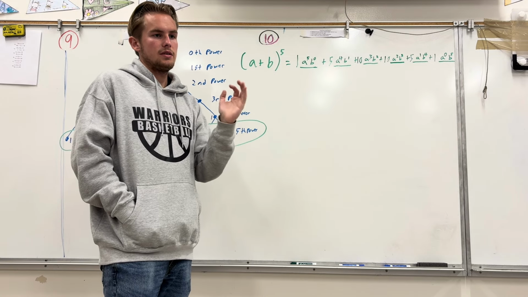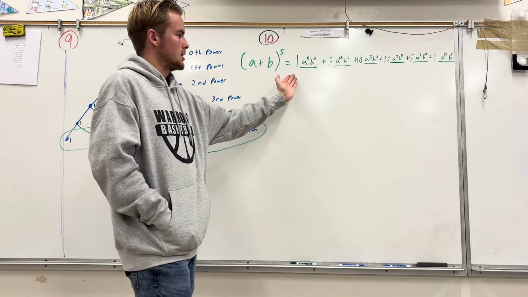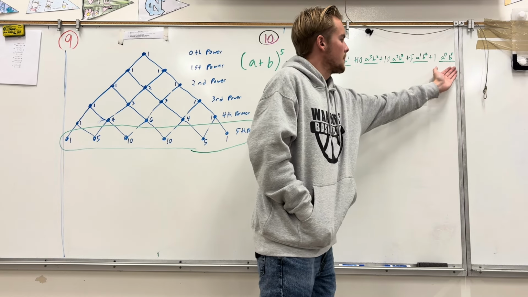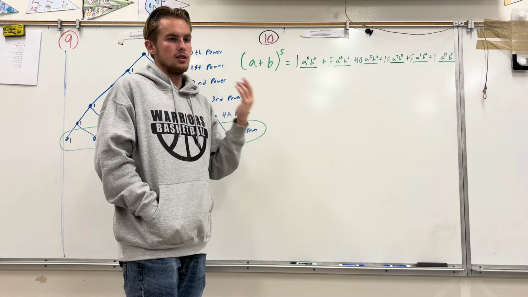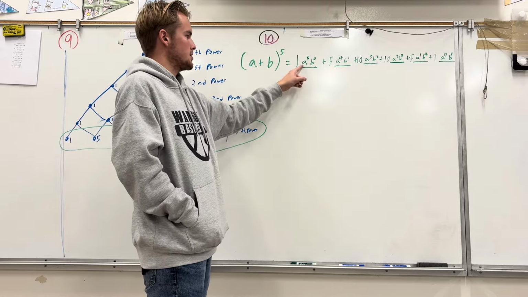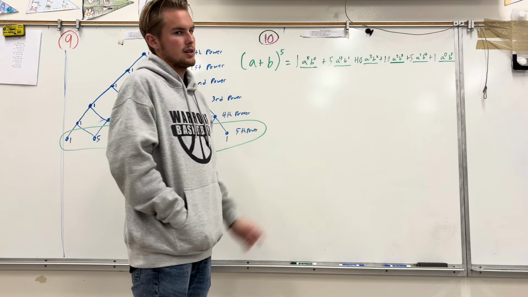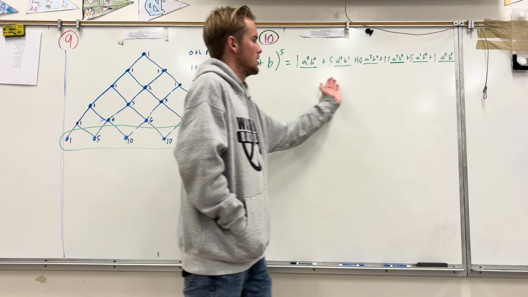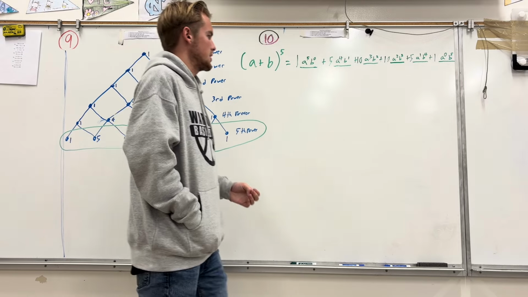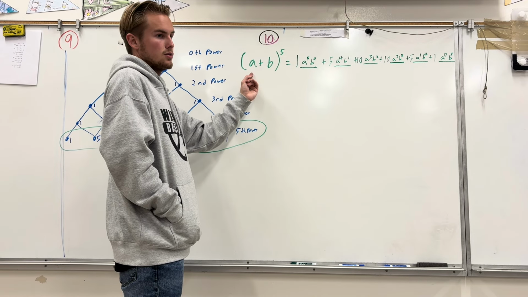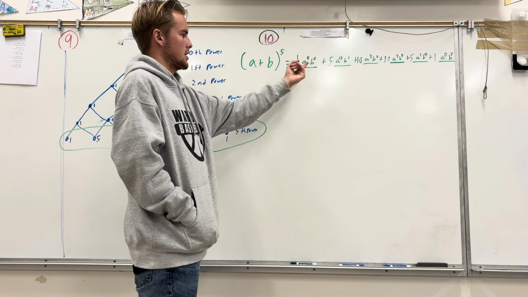But you could still, every single time, use this general formula of your expanded equation. You're just replacing the A's with whatever the term is here, and the B's with whatever term is there. So this is a general formula you can use every time if you're considering that A is just the first value in your binomial and B is just the second value in your binomial.